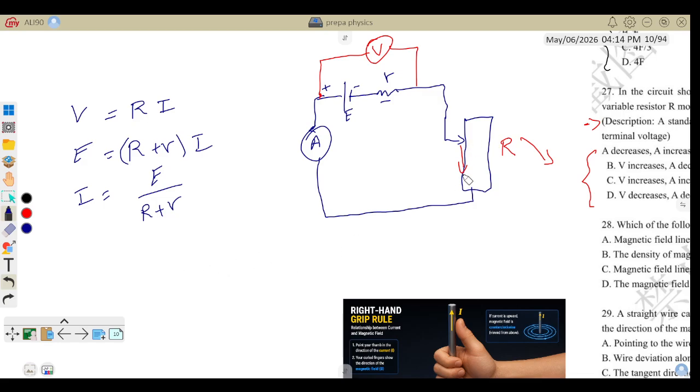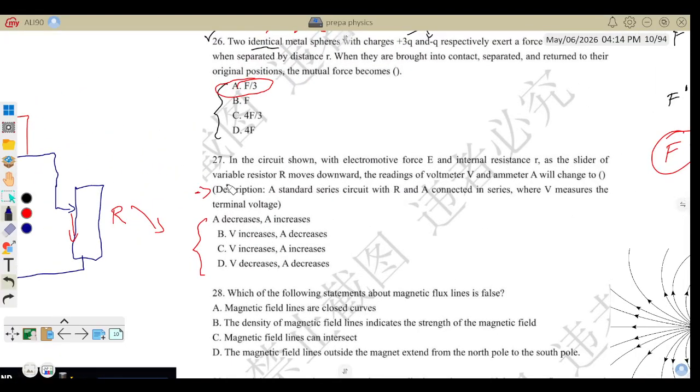As the selector is moving down, R decreases. Mathematically, the capital R is in the denominator. If it's decreasing, the ratio will be increasing, which means I will increase. So the intensity of the current will increase as the variable resistor moves downward.